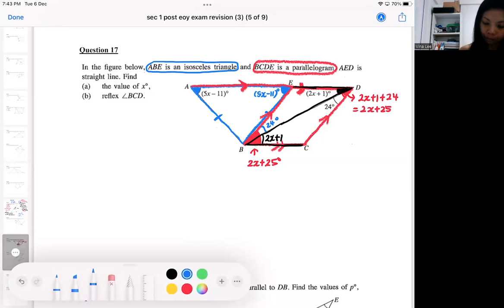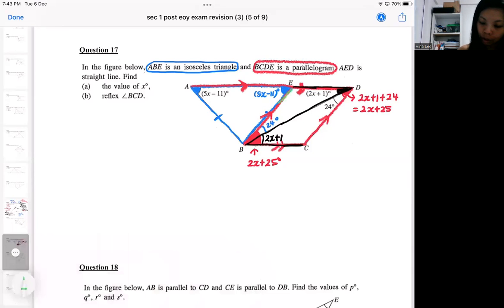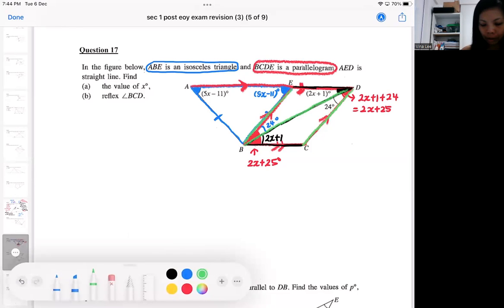This part, the alternate angle, I'm using another color to show you. This part, there's the alternate angle. So we can get the total opposite angle, or we can do the alternate angle. Is there any property that can link up for us to find x?